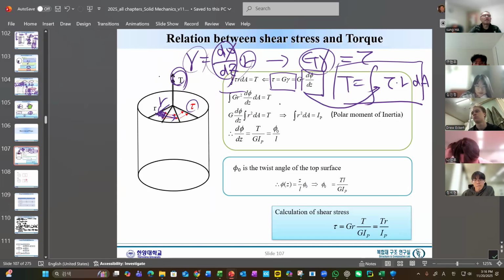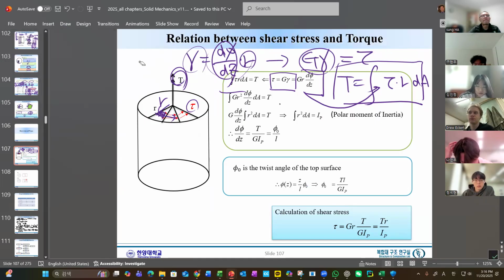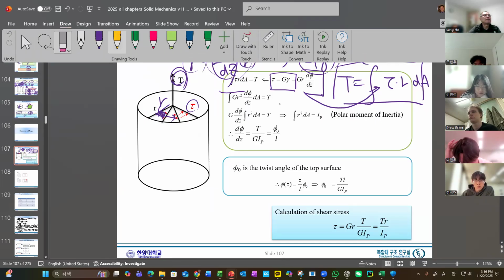And then tau is this, and we have this R here. See R here.